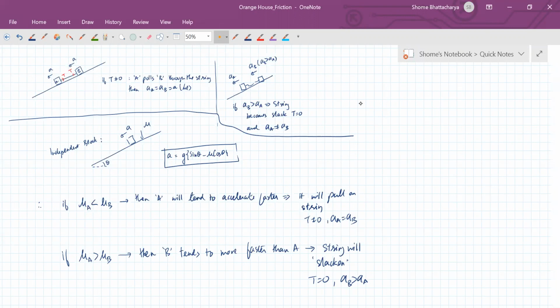Okay. So now based on this analysis, I have told you when case 1 will happen and case 2 will happen. Now you work out the questions.